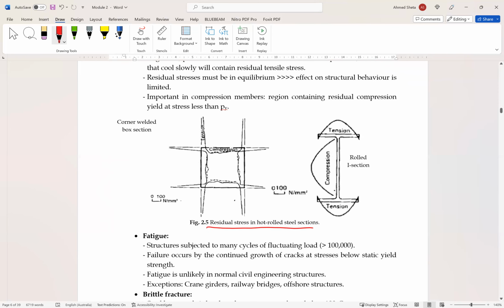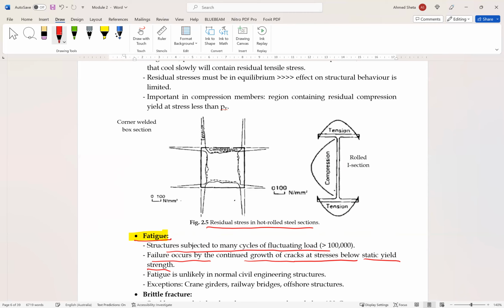The second property we need to know is fatigue. Fatigue is when structures are subjected to many cycles of load, more than 100,000. This causes the material to weaken, and failure occurs by continued growth of cracking at stresses below the static yield strength.